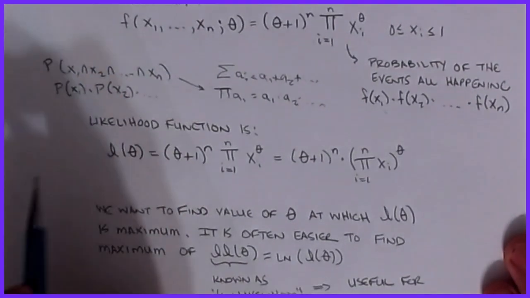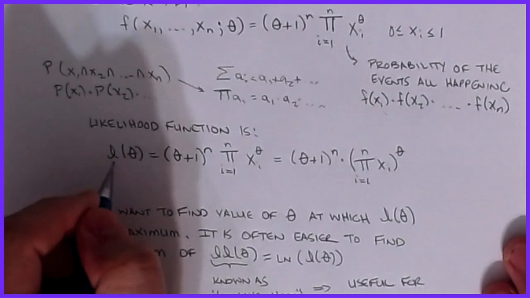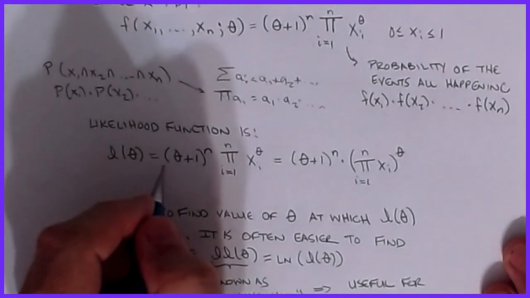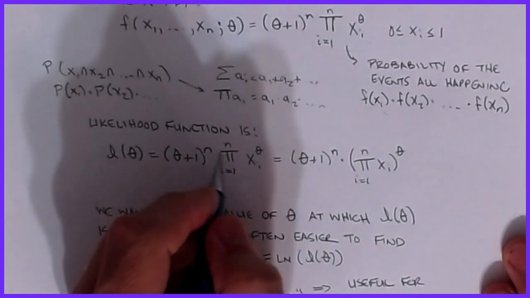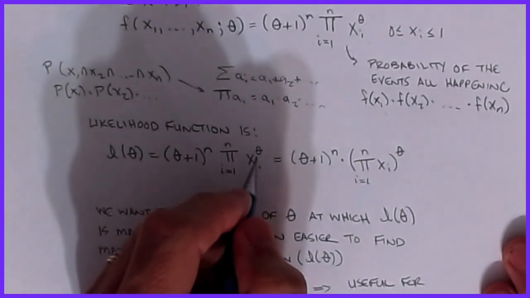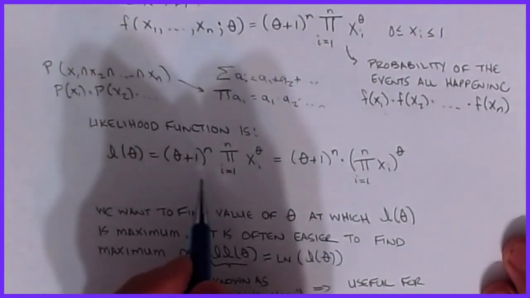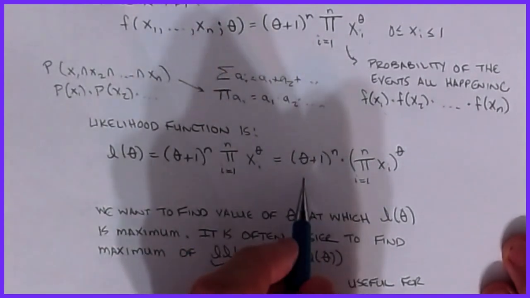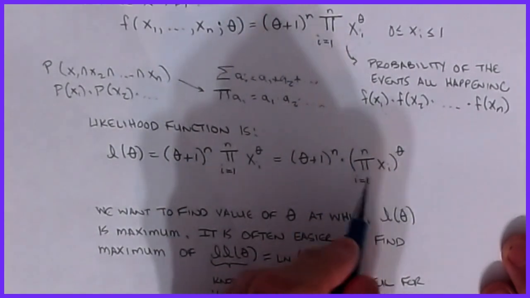When we do this, the likelihood function for this, which they usually write as a script L, for my parameter theta is going to be theta plus 1 to the n times the product operator, i equals 1 to n, of xi to the theta. So that's what we had up here. Then we can rearrange things a little bit, and that's going to be equal to theta plus 1 to the n times, again, that product operator.